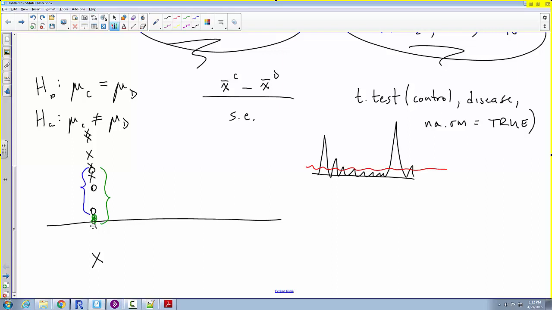If you don't do anything to account for the fact that you already used the data when you did that, you'll have problems downstream, just like we will tend to overfit our data if we don't include the feature selection step in cross-validation. So missing data is a problem. Imputation is one possibility, but you have to be careful because you have to incorporate the fact that you used the data to do the imputation. So there's something called multiple imputation that some software makes easy, but some software does not. That's all I'll say about missing data.